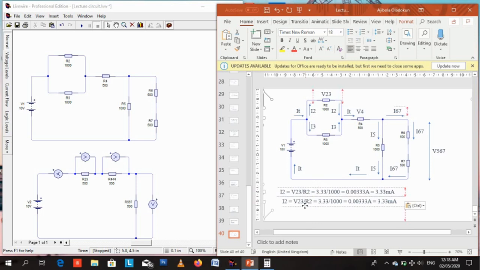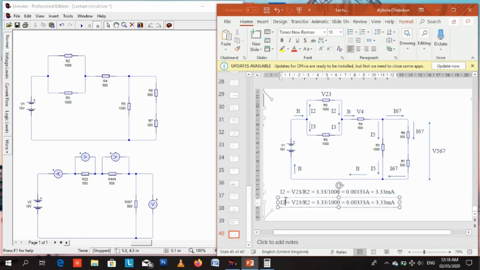Next, let's go for I3. Let's drag this a bit, align it. So I3 is V23 divided by R3. Now it is still V23 because it's the same voltage that was across R2 that is across R3.